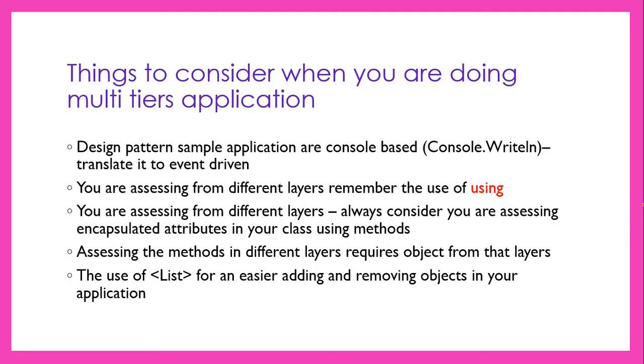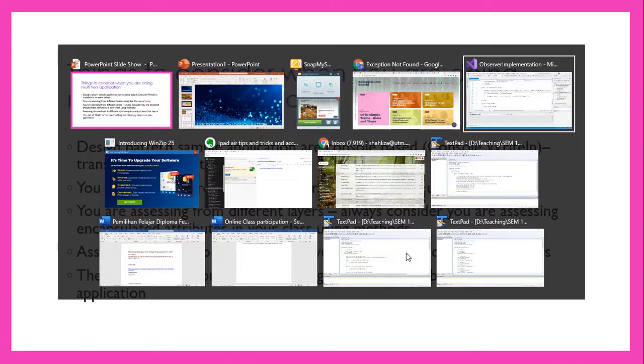Mostly, design pattern sample applications are console based, so they use Console.WriteLine. You will adapt, or translate, the code into code that can be event driven, so you cannot use Console.WriteLine anymore. For this example, let's see the code now.